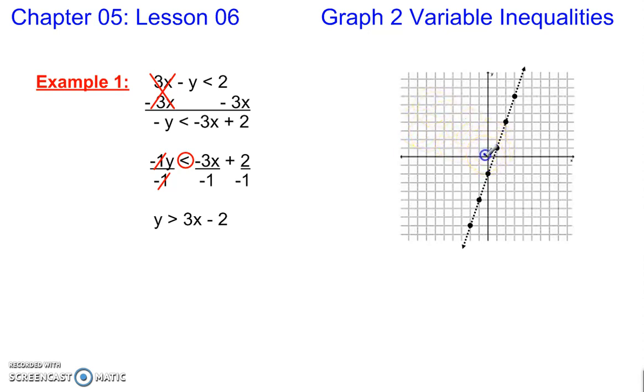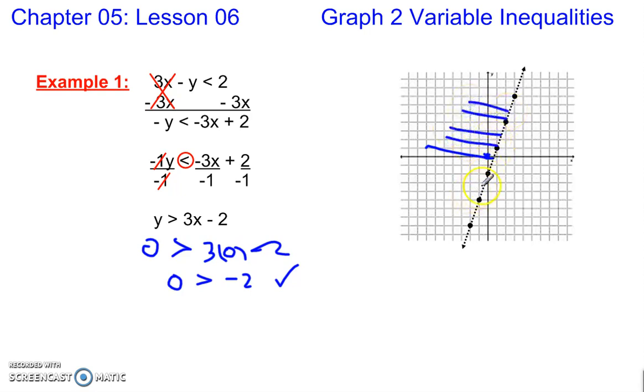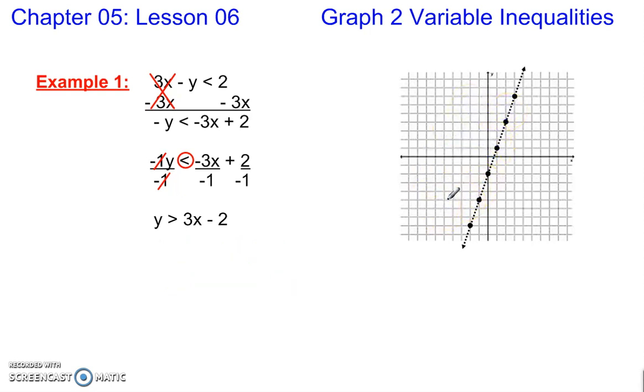If you're not certain, plug in the origin, 0, 0. If I put in 0, is 0 greater than 3 times 0 minus 2? 0 is greater than negative 2. That is correct. So the origin is part of the solution, so the solution is on this side of the graph when I shade that in.